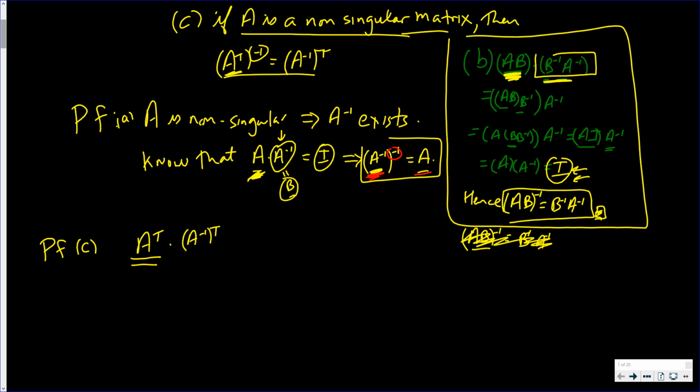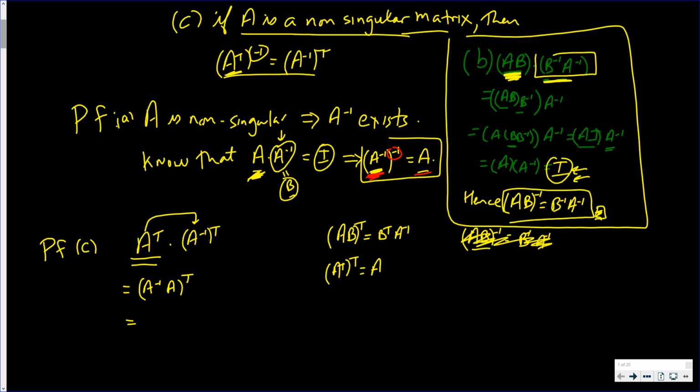Well, remember, if you have AB transpose, this becomes B transpose A transpose. And remember that A transpose transpose is A. So I can switch those two: A inverse A, and then transpose.